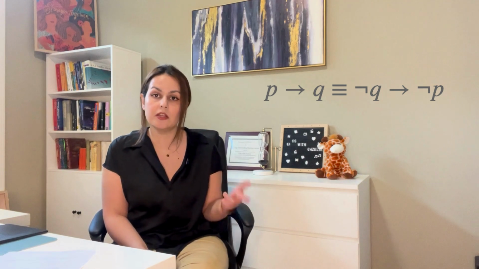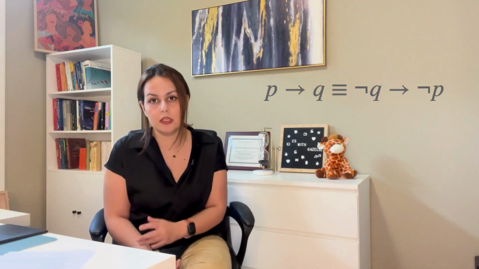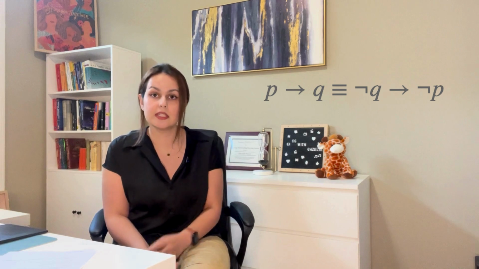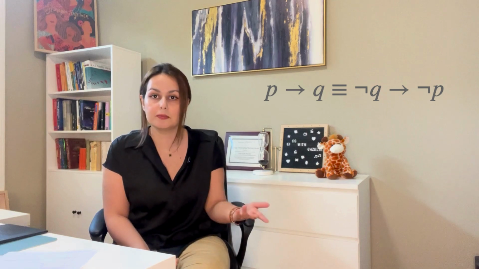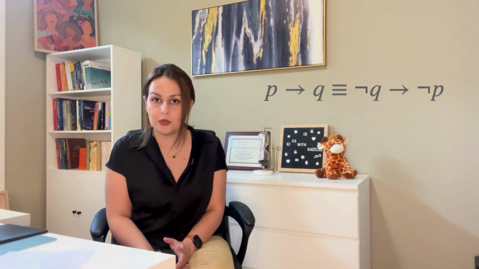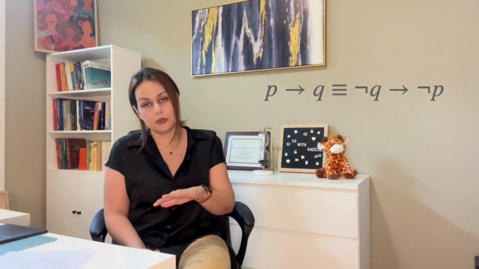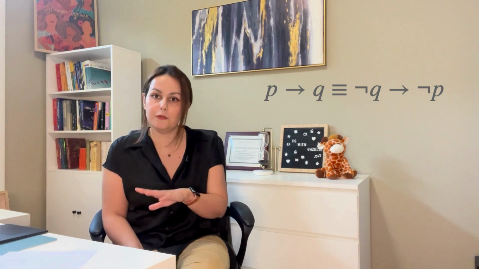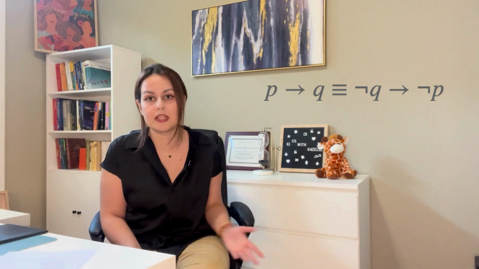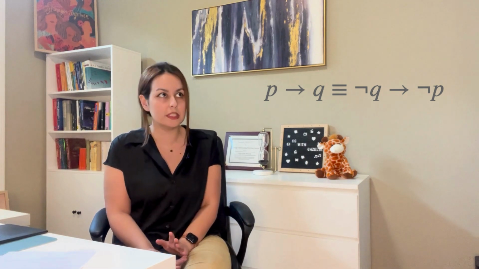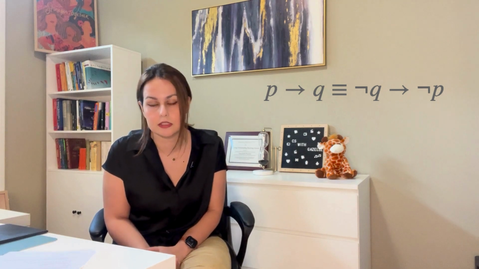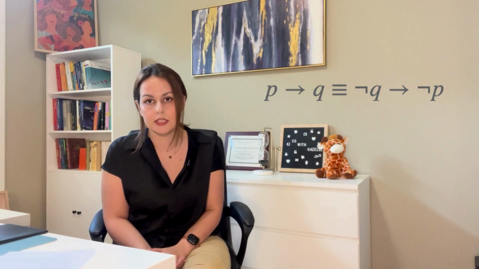Now let's think about not Q then not P. Not Q then not P says if I don't have a discrete math class today, then it means that it is not Monday. Note that since on Mondays you have discrete math class, if you don't have a discrete math class, then it means that it is not Monday. We don't talk about exceptions here, like what if it is Monday but the class is cancelled. So we are talking about a general case.